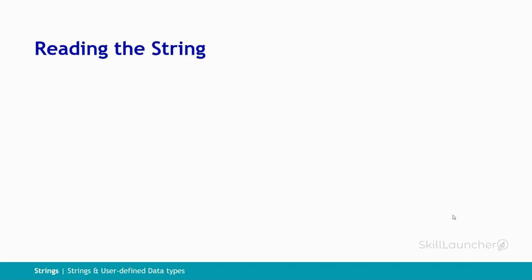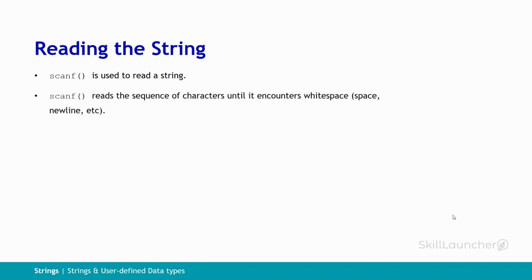Now how to read a string from the user? We usually scan input using scanf function. So scanf function can be used to read a string. But it is interesting to know that scanf reads the sequence of characters until it encounters a white space. That is a space, new line, etc. Now let us try to scan a string from user using scanf.